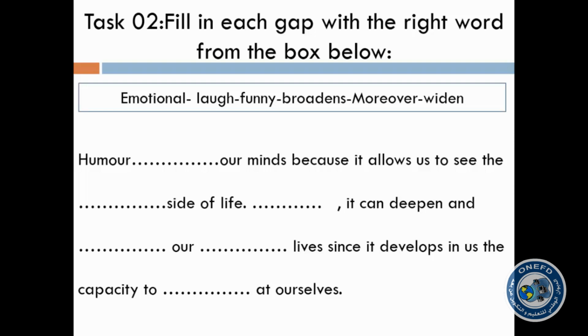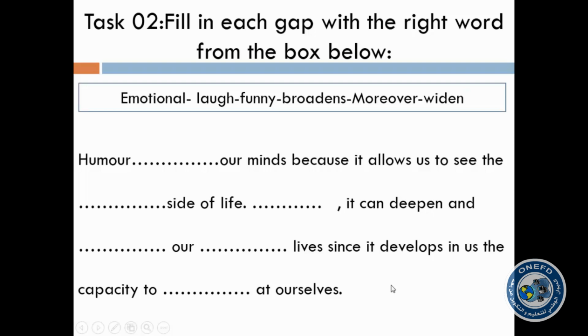Fill in each gap with the right word from the box below. You have a box. How many words do you have? 1, 2, 3, 4, 5, 6: emotional, laugh, funny, broadens, moreover, and wider.